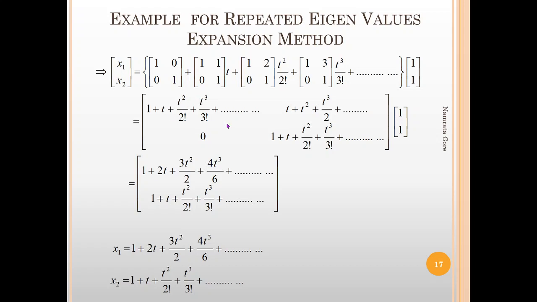This is the first term here. Then with 0 plus 1t, so t here, 2t square by 2 factorial, 2 factorial and 2 get cancelled. So what is left is t square. 3 into t cube by 3 factorial, 3 factorial is 6. 3 and 6 gives you 2 here, and so on.